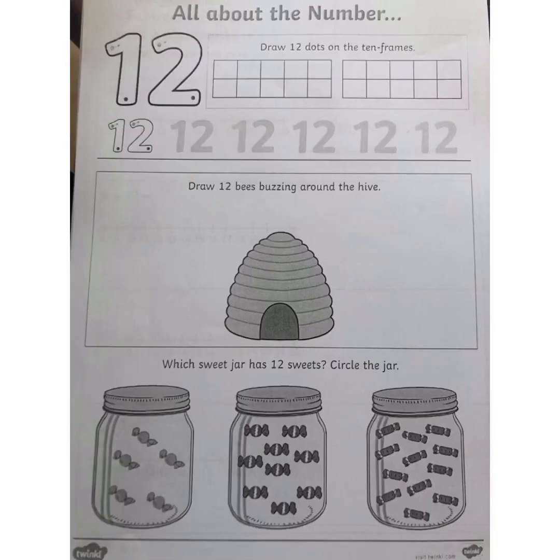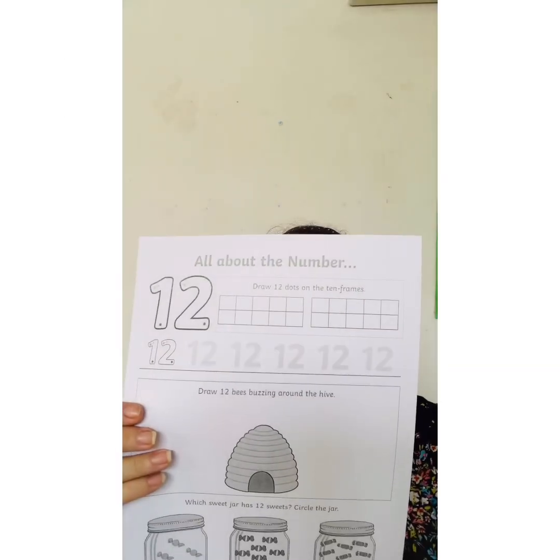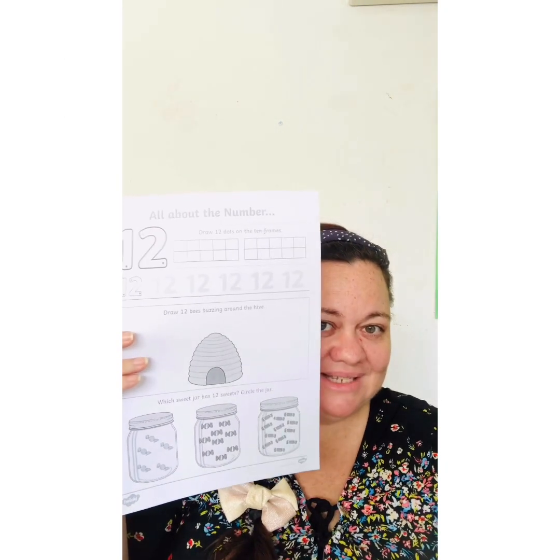And then today's number, so if yesterday was 11, what do you think today's special number is? What comes after 11? 9, 10, 11, 12. Here's number 12. So we are going to do the same as yesterday.